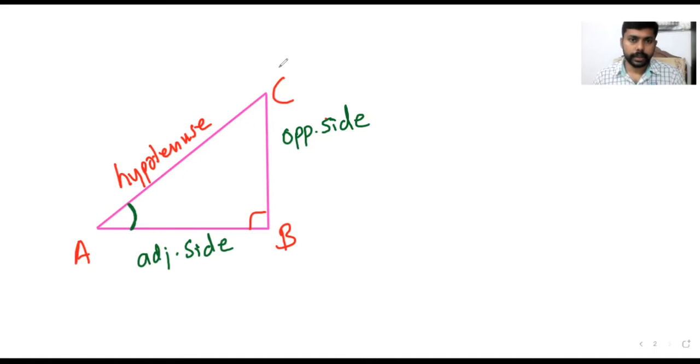First of all, let's consider the ratio between the opposite side and the hypotenuse. That ratio is called the sine ratio of angle A. For this fixed angle, the sine ratio is defined as the sine value of angle A. Usually we write it as sin A. Sin A means the sine value of angle A. So I am writing here: sine value of angle A is equal to opposite side divided by hypotenuse.